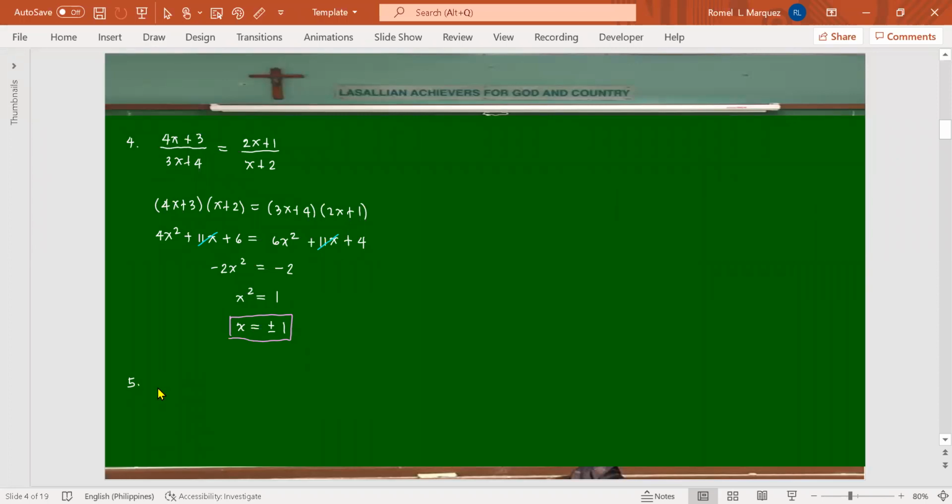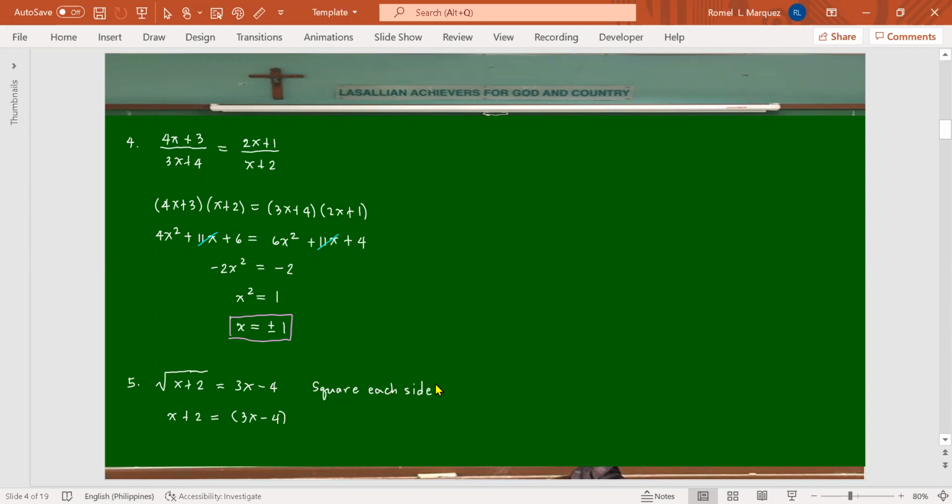None, sir. So, we have square root of x plus 2 is equal to 3x minus 4. So first step is to square each side. But remember, when we square each side, it might produce an extraneous root. So x plus 2 is equal to quantity 3x minus 4, square each side.